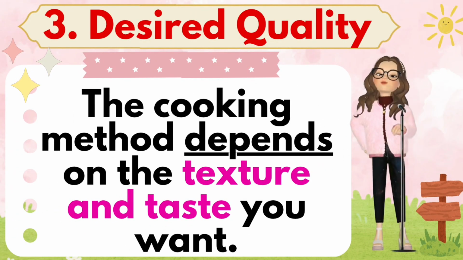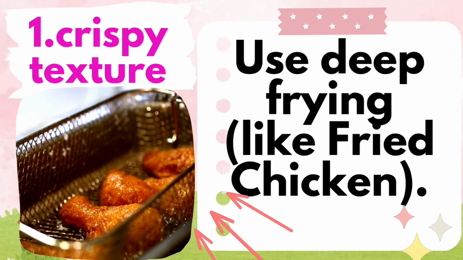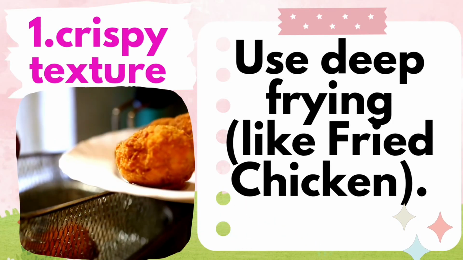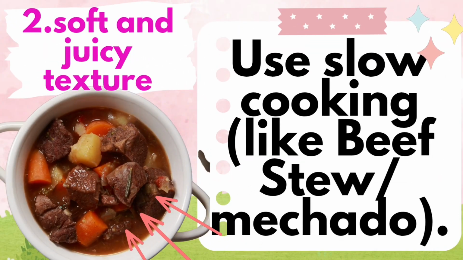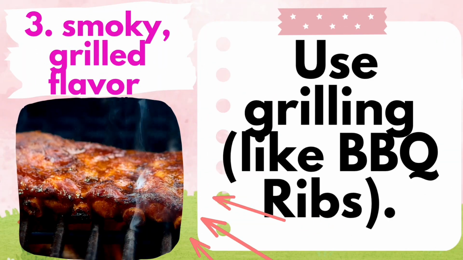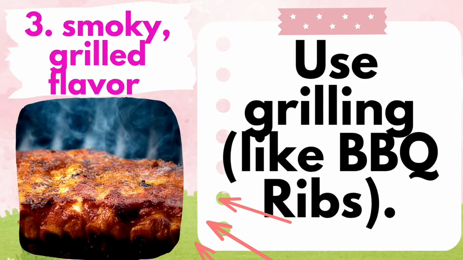The cooking method depends on the texture and taste you want. 1. Crispy texture. Use deep frying like fried chicken. 2. Soft and juicy texture. Use slow cooking like beef stew or mechado. 3. Smoky grilled flavor. Use grilling like barbecue ribs.